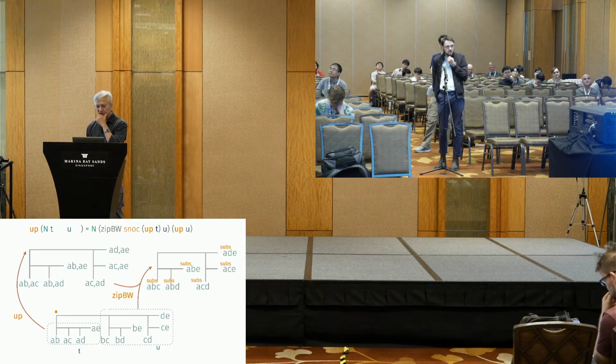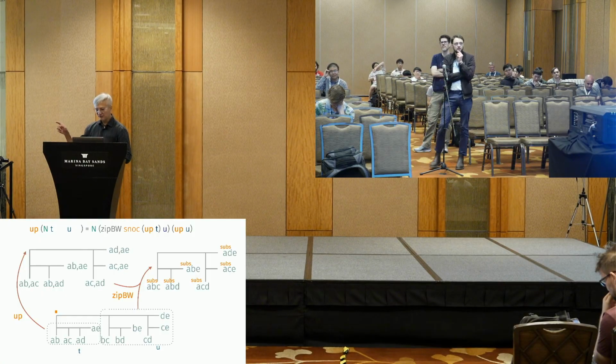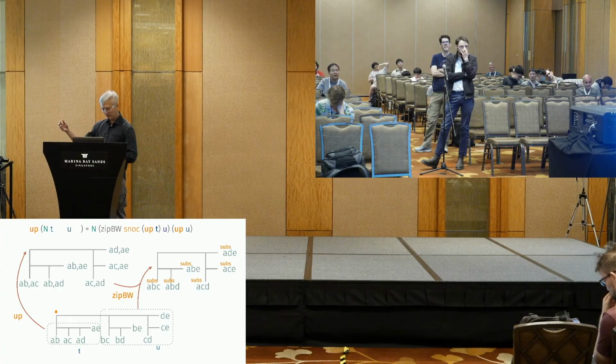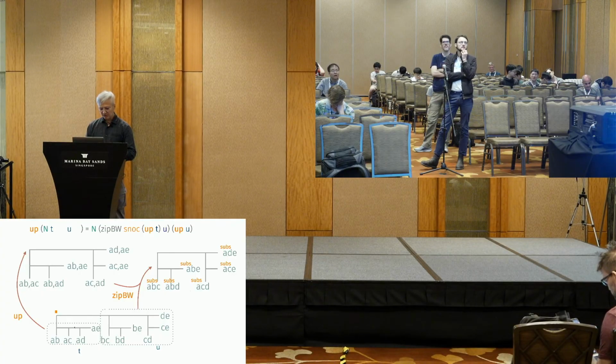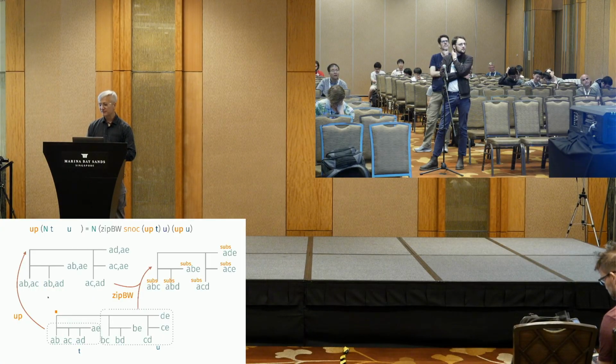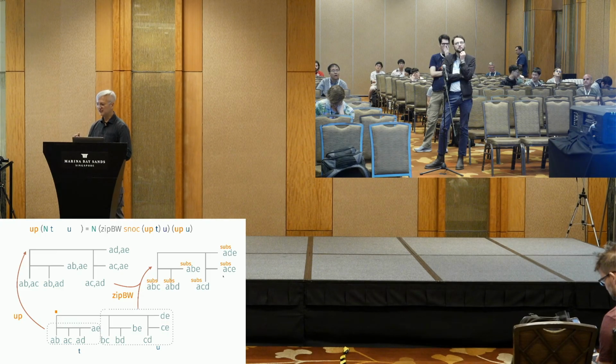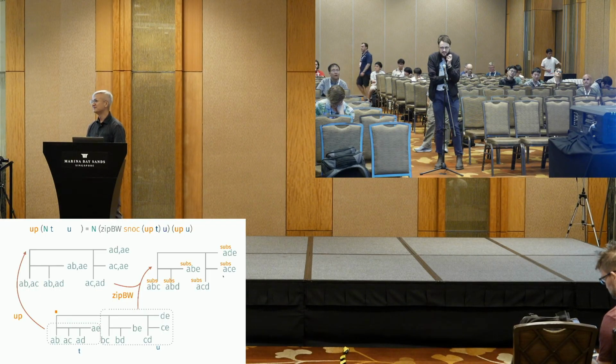Yes, this is the last step of constructing level 3 from level 2, and then this tree T is transformed into this, having ABAC, ABAD, and so on, and then it has the same shape as this tree, so they can zip together to form this. And indeed, every value is still there. Okay. Thank you.